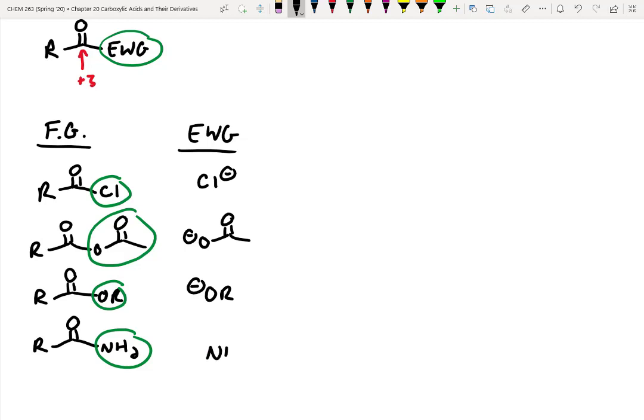And for amides, it would be some sort of nitrogen with a negative charge. If we think about the leaving group ability of each of these, you can imagine that halides are really good leaving groups. They were the ones we saw in SN2 reactions. And so in general, these are better leaving groups as we go up this column.